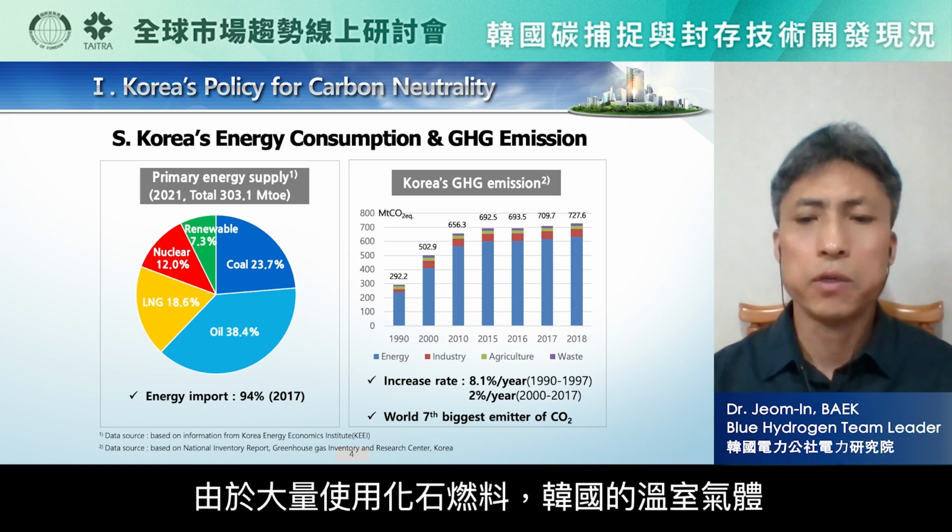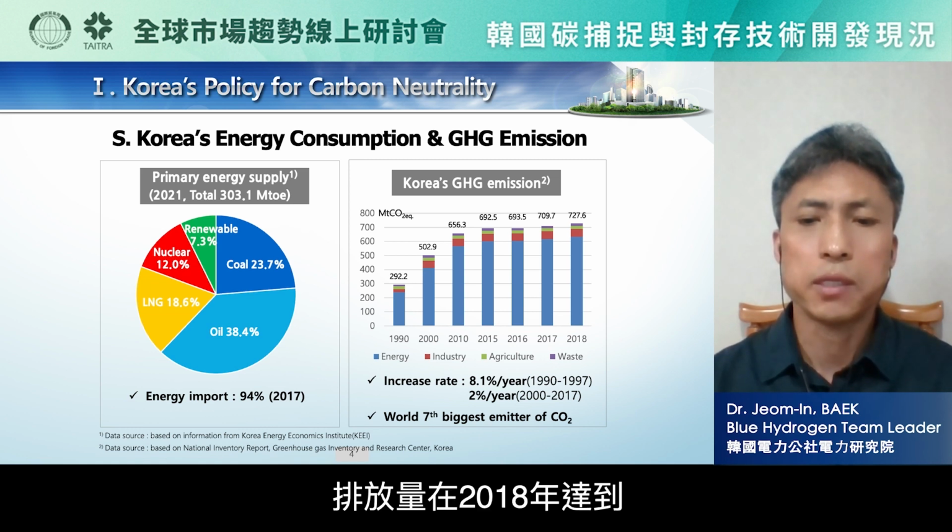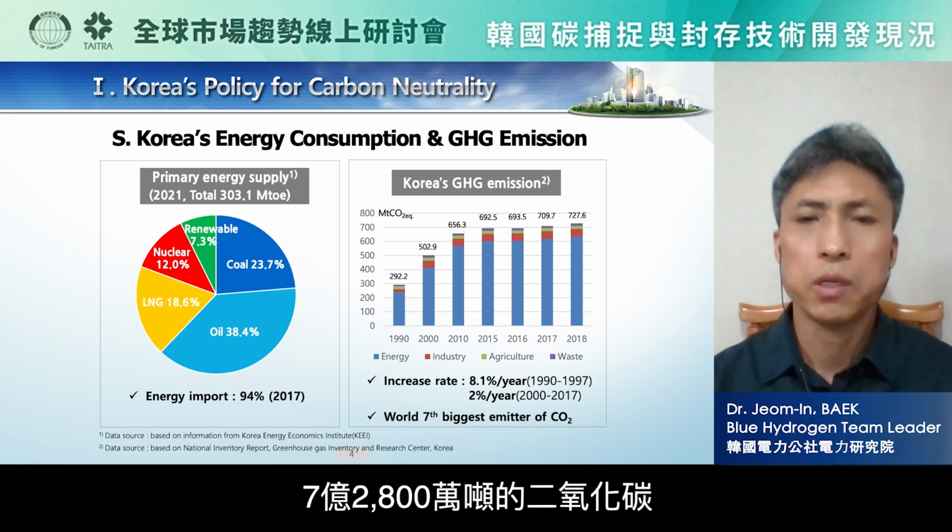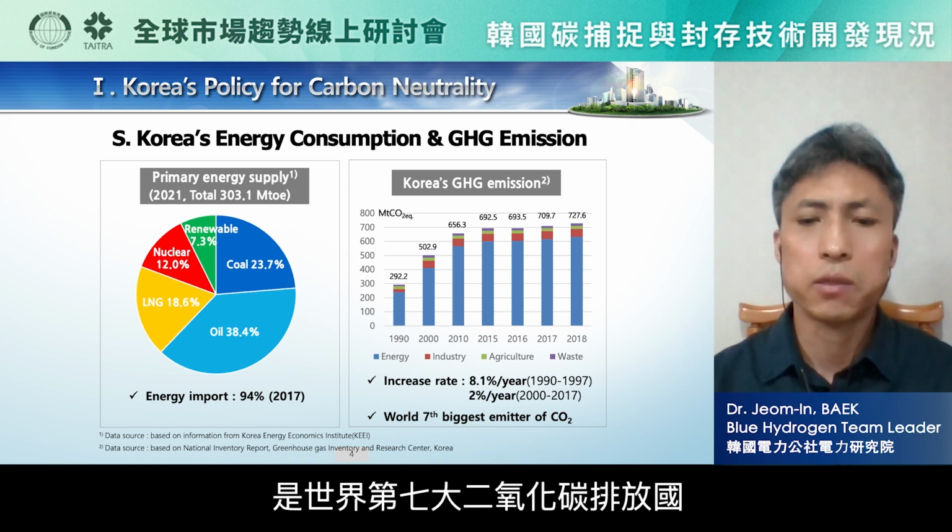As a result of a huge amount of fossil fuel use, Korea's greenhouse gas emission reached 728 million tons CO2 in 2018 and recorded the world's seventh biggest CO2 emitter.